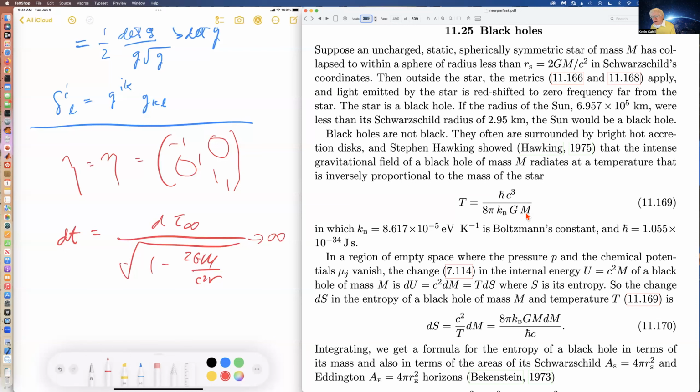And as the mass approaches zero, the temperature goes higher and higher until it goes pop. And so all these black holes eventually end in flashes, where they're at very, very high temperatures.